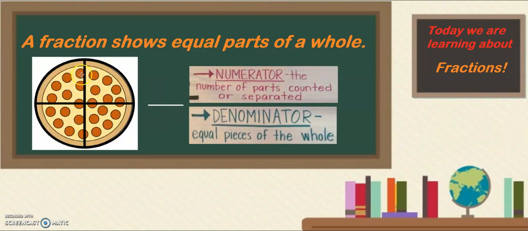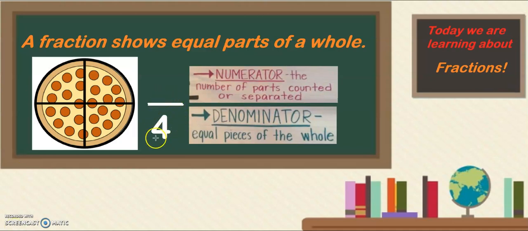Okay, I got a new pizza here. If we're going to make a fraction out of this pizza that we just took out of the oven and cut up, let's do this. Denominator: how many equal pieces of the whole are there? Well, there's 1, 2, 3, 4 pieces of pizza.